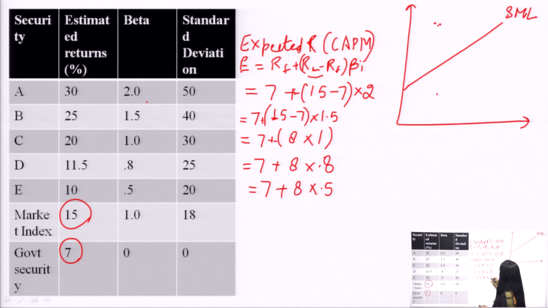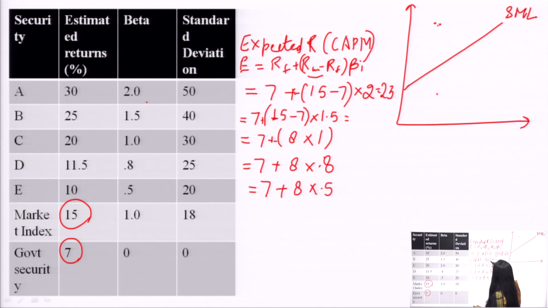So, if we calculate this value, it will be equal to 7 plus 8 into 2, it means 8 into 2 is equal to 16, 16 plus 7 will be equal to 23. Here we will get 7 plus 8 into 1.5.